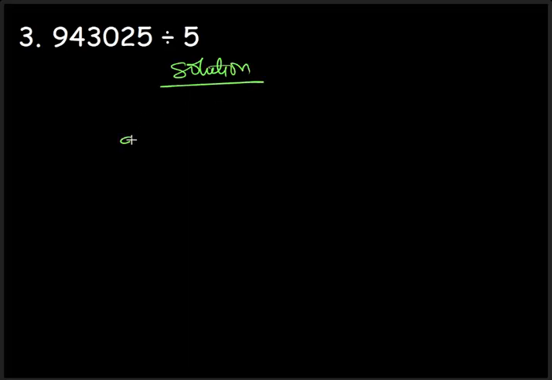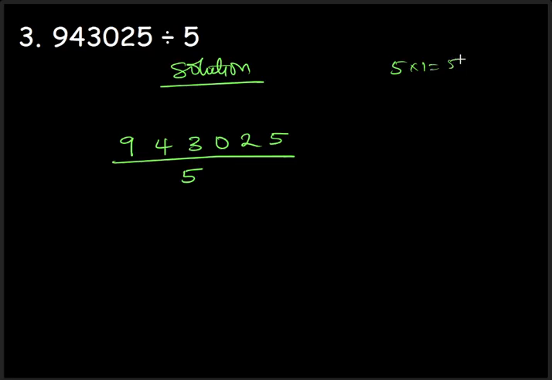Number 3 will give us the solution. That will give us 943,025 divided by 5. 5 times 1, 5; 5 times 2, 10; times 3, 15; times 4, 20; times 5, 25; times 6, 30.